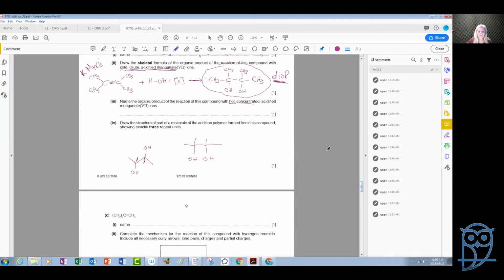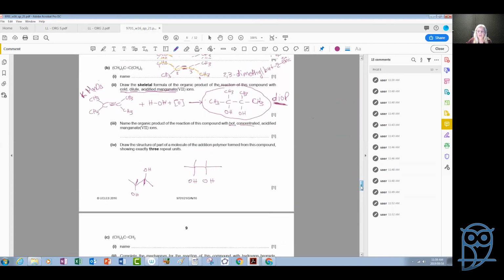So it says, draw the structure of the part of a molecule. Here we are in question number 3. Name the organic product of the reaction of this compound with hot concentrated acidified manganate. Obviously, it will be a ketone, isn't it? And which ketone is this going to be?